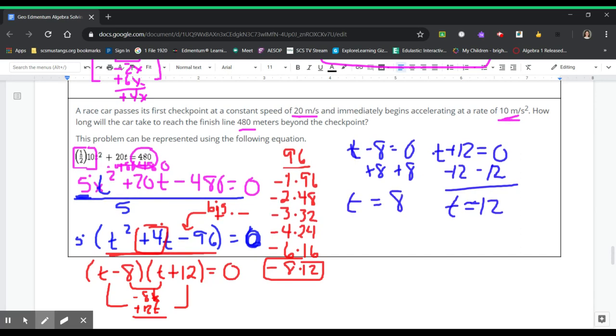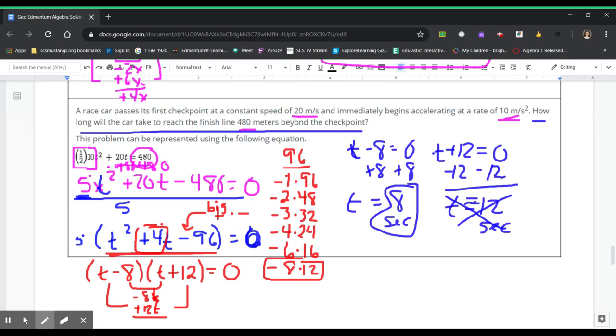So it wants to know how long the car will take to reach the finish line, 480 meters beyond the checkpoint. So here I've got 8 seconds, and here I have, I know it's hard to see, a negative 12 seconds. And when we're working with time, we cannot have negative time, so that means that the car is going to reach the checkpoint at 8 seconds.